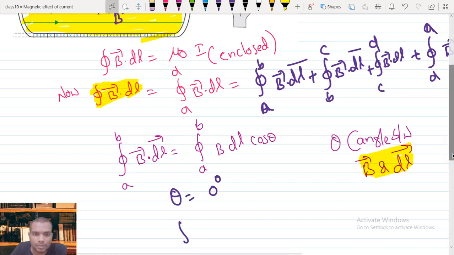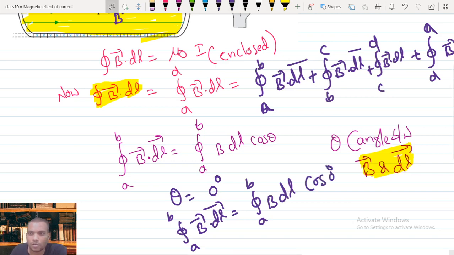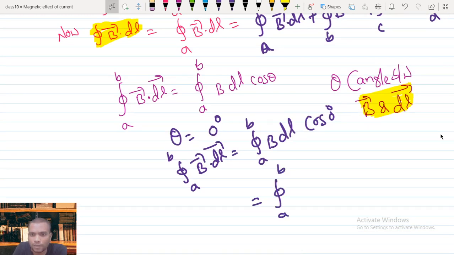So I can get the closed integral A to B, B bar dot dl bar, equal to the closed integral A to B, B dl cos 0. Cos 0 degree value equals 1. So here I can write B times the closed integral A to B dl, since B is a non-integral term.